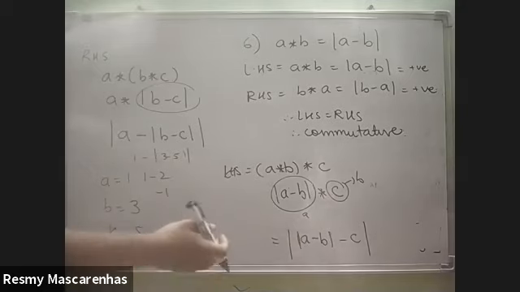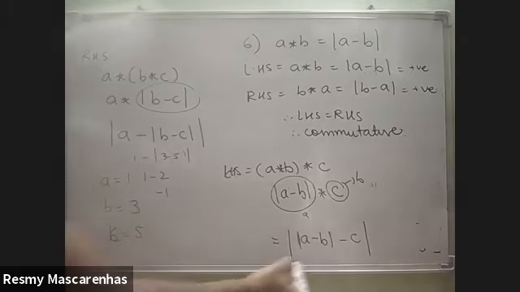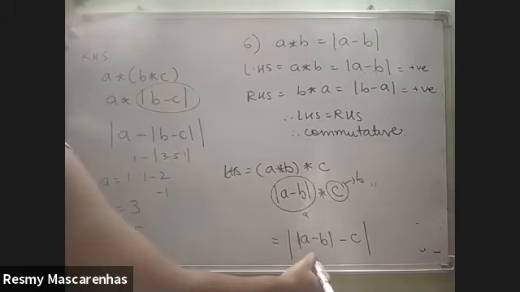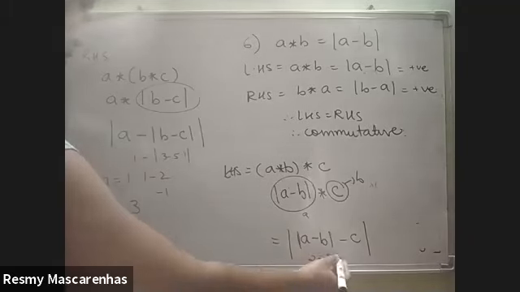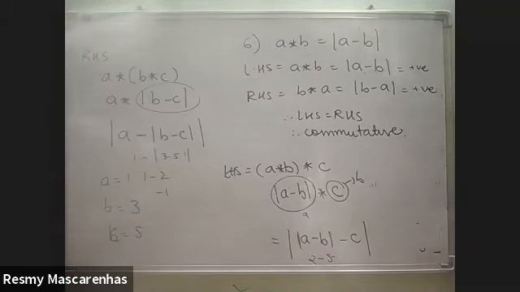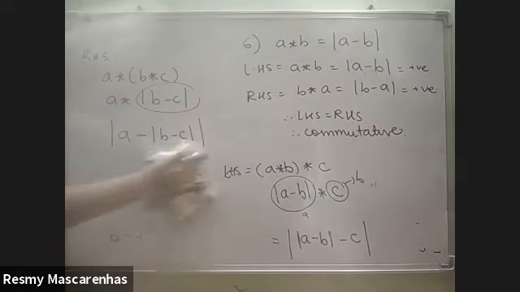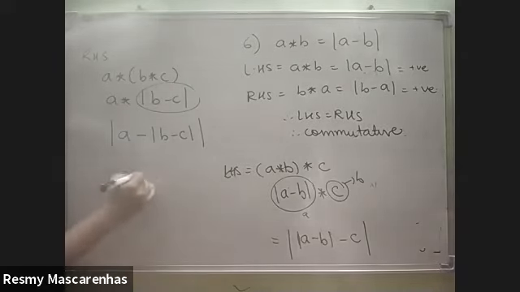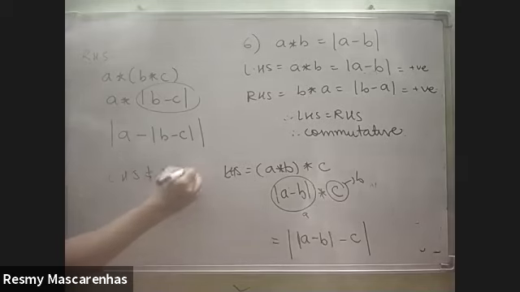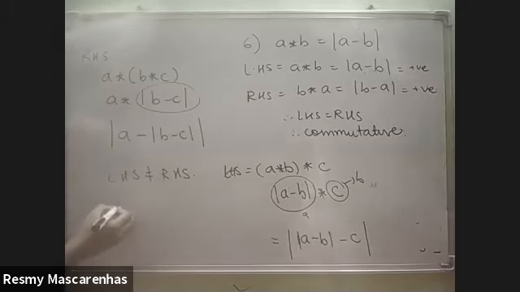So 1 minus 3, 2. No, you will not get the same. Okay. So it doesn't work. You can put values and see. So left hand side will not be equal to right hand side. Therefore not associative.